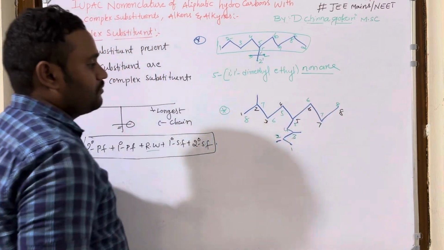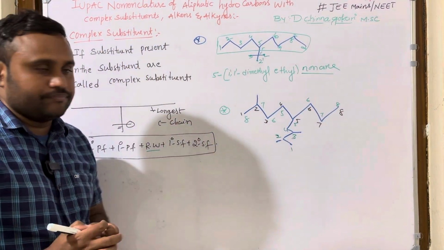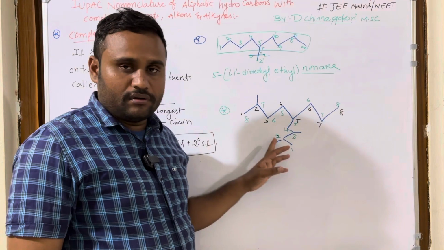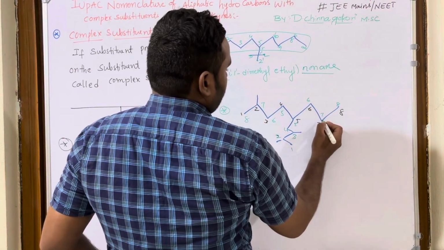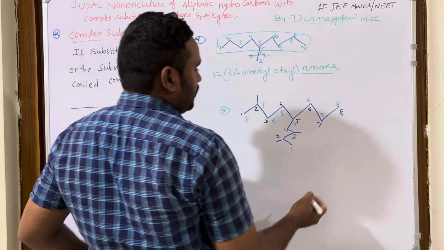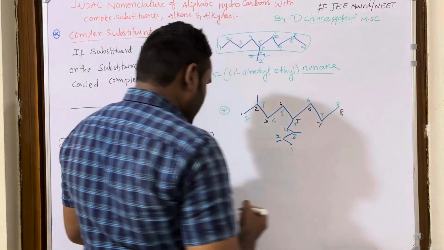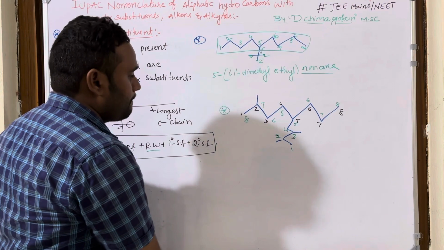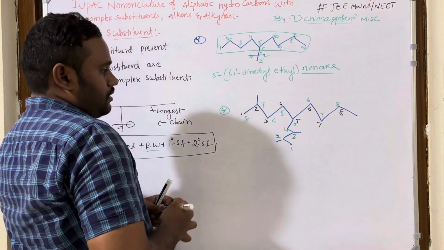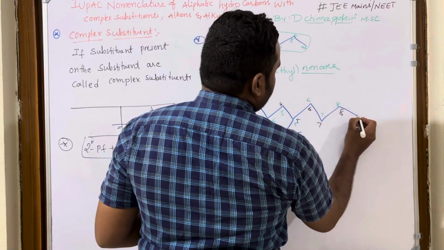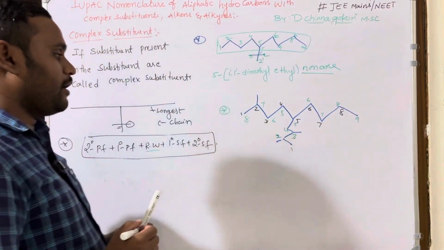In both directions we get the same number of carbon atoms. So now let us do some modification here. Let us add one more carbon, 8 and 9. So in this direction we get 9 carbon atoms.